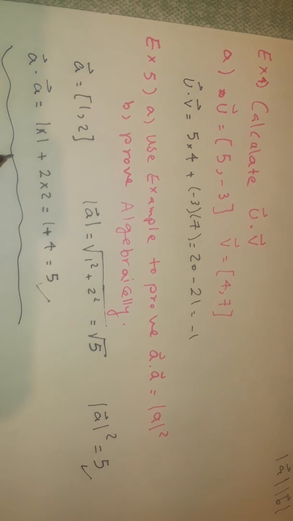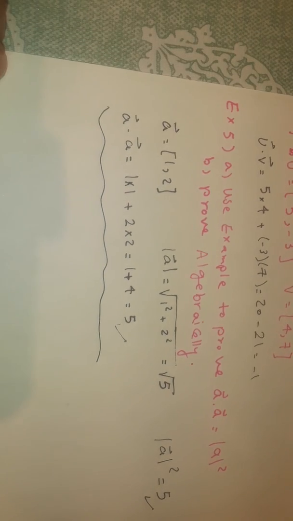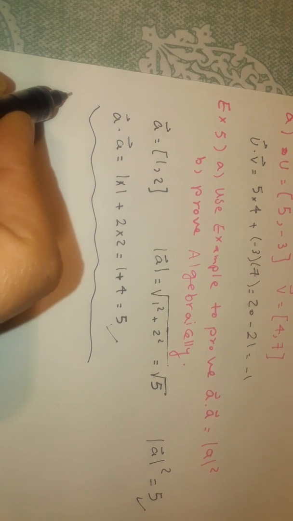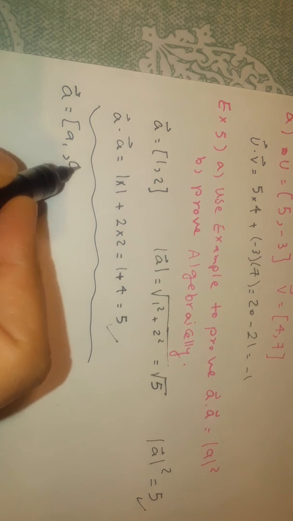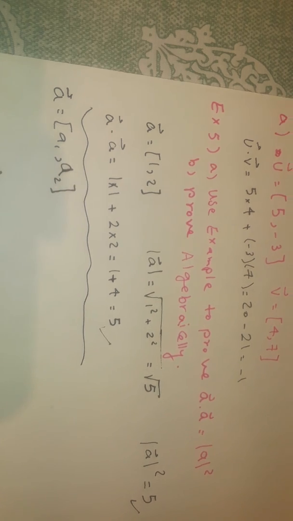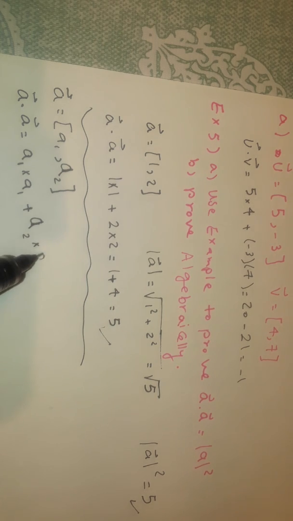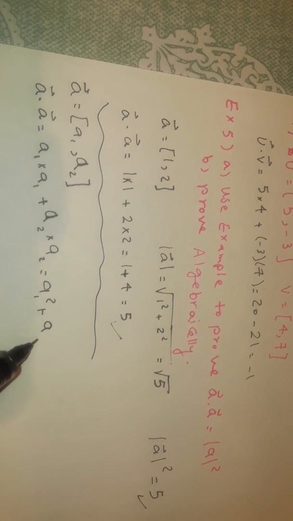Now, algebraically, I did it, but I can do it again. Algebraically, I know that a has an x component and a y component, right? So a dot a would be the x component multiplied by the x component plus the y component multiplied by the y component. So it's going to be a1 power 2 plus a2 power 2.